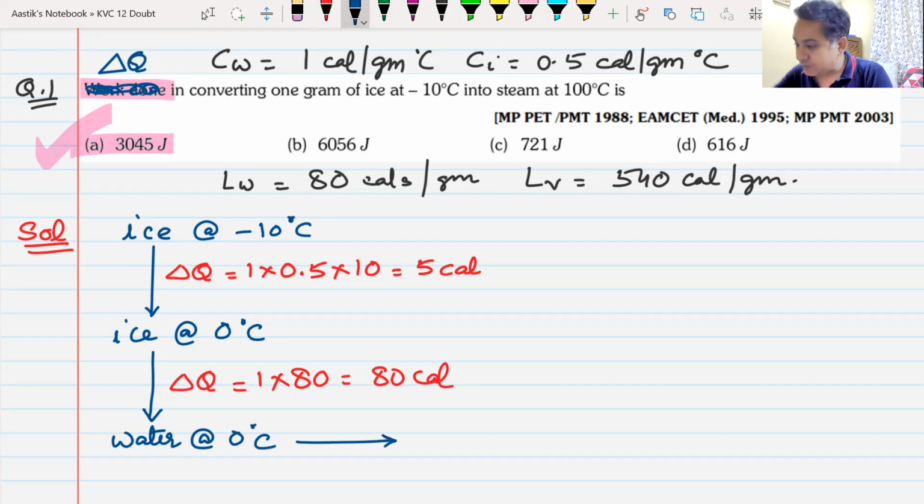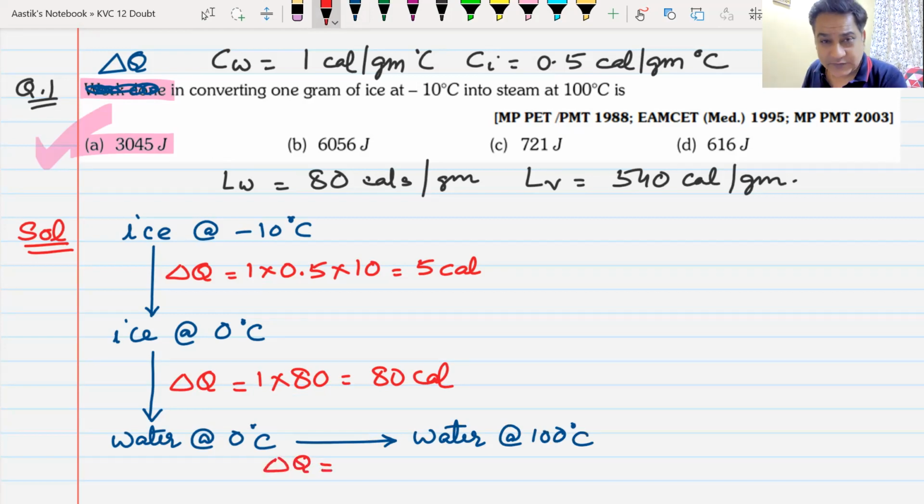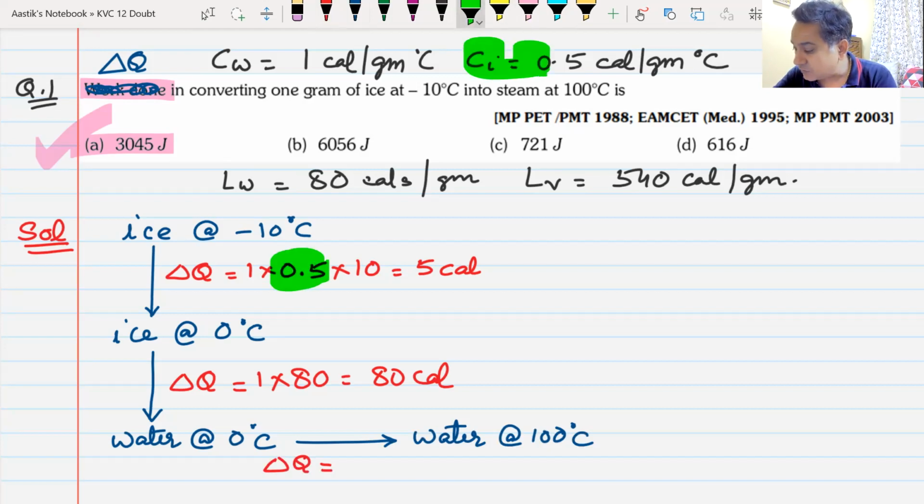In the third step, I'm going to convert water at 0 degrees Celsius to water at 100 degrees Celsius. Now I am raising the temperature of water, so I need the specific heat. Remember, earlier I was using the specific heat of ice because I was raising the temperature of ice.